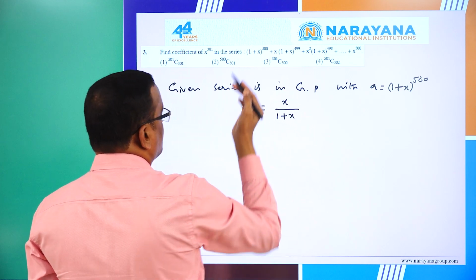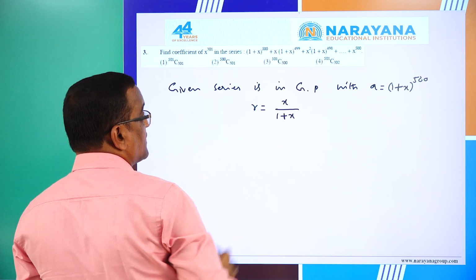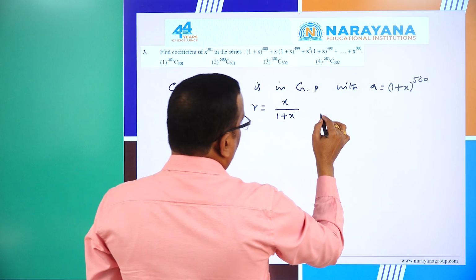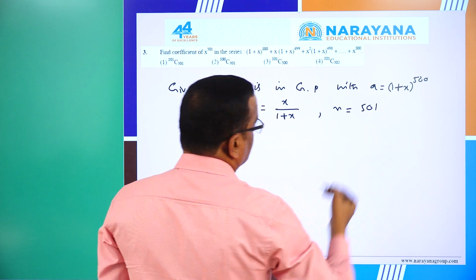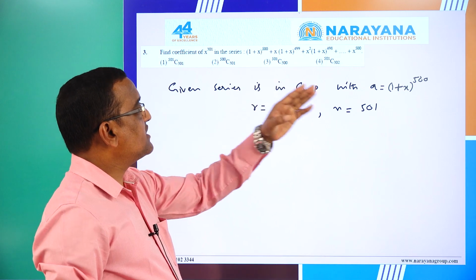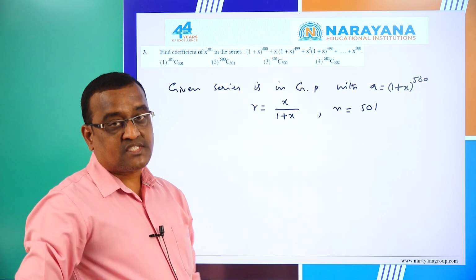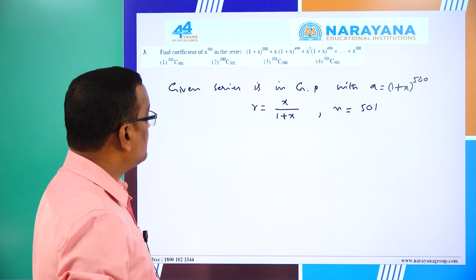When you multiply the first term with x by (1 plus x), you get the second one. Second with x by (1 plus x), you get the third one, and so on. And the number of terms in this GP is 501. First you start with (1 plus x)^500, and the last one is (1 plus x)^0. So from 0 to 500 we have 501 terms.